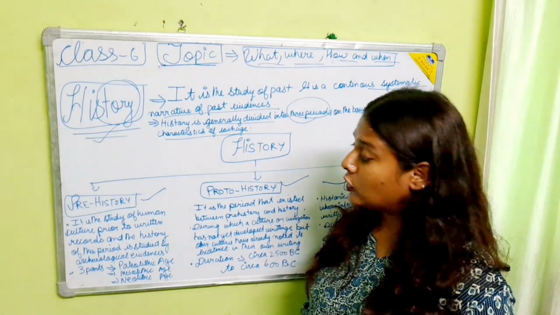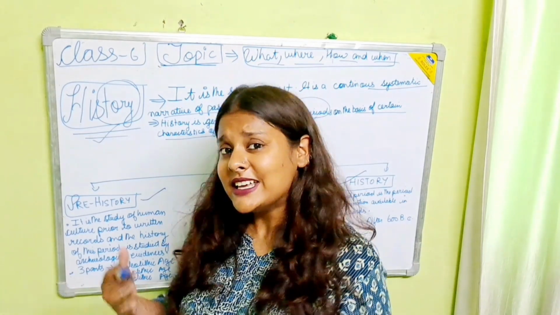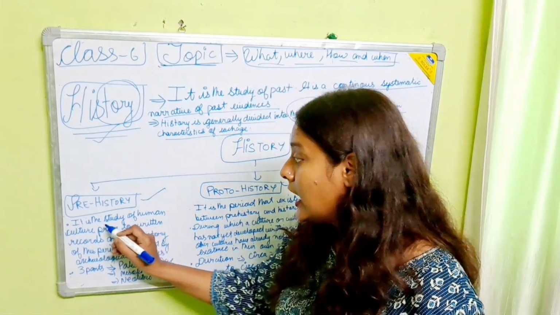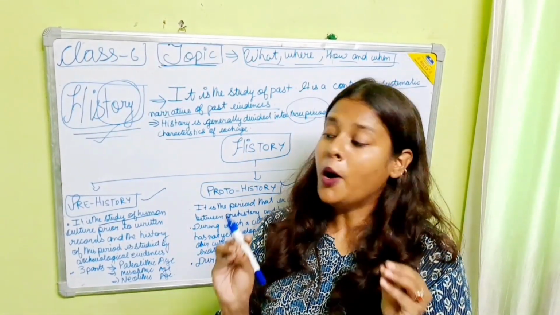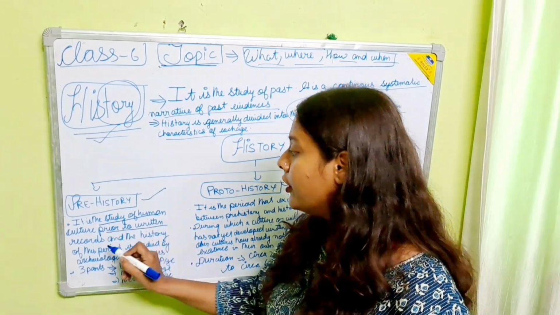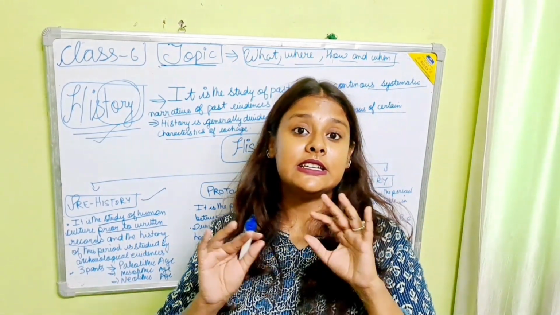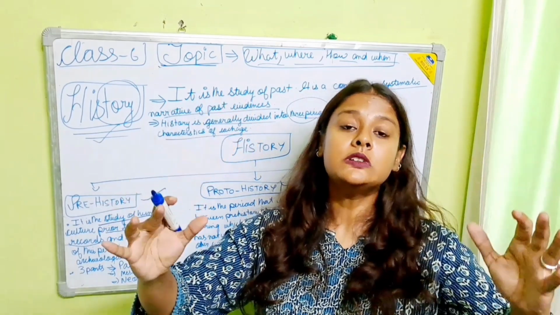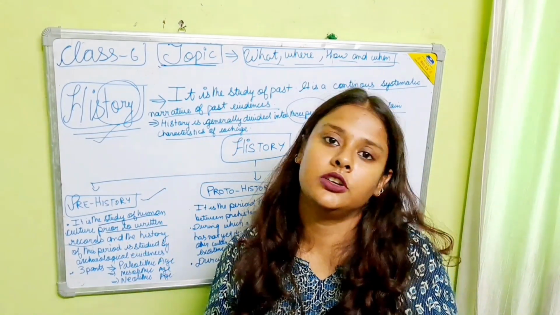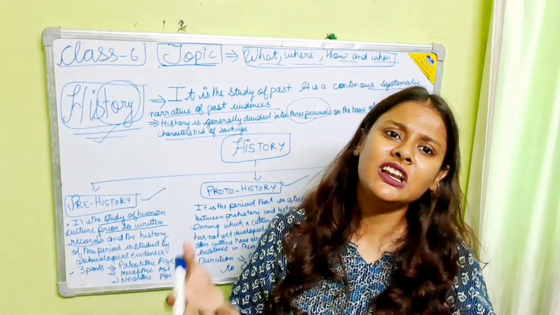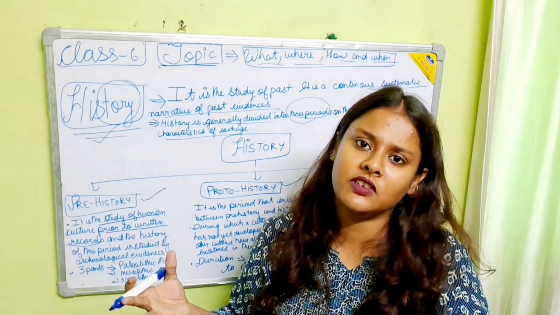When we talk about prehistory, what is prehistory? It is the study of human culture prior to written records. It is the study of the period of the humans when there were no written records. When we talk about history now, there are written records about each and everything.